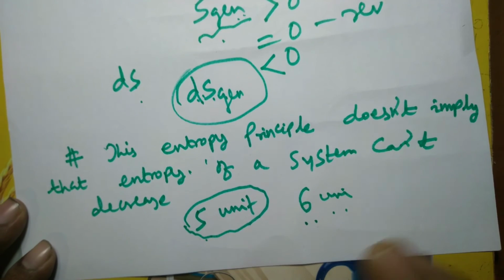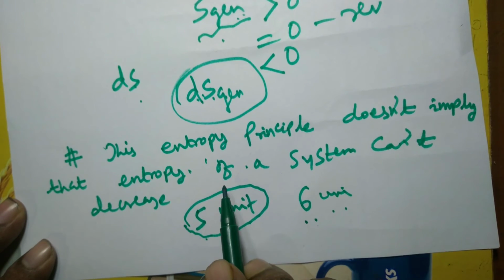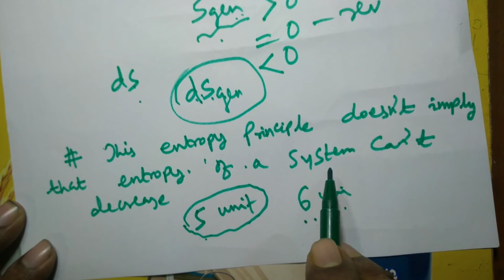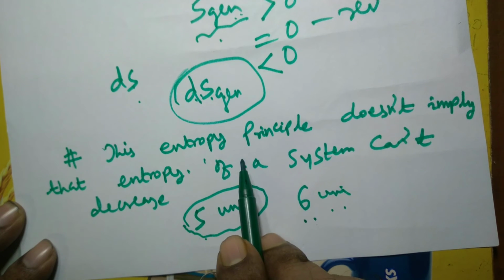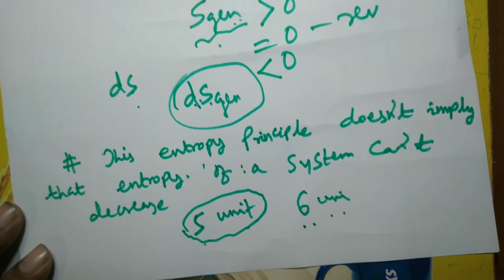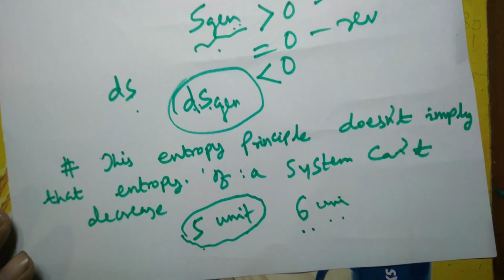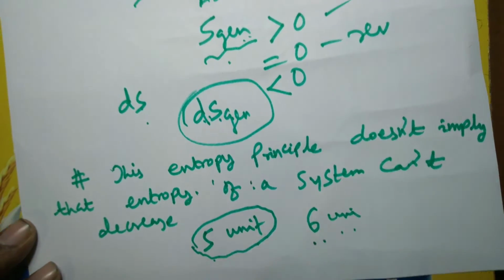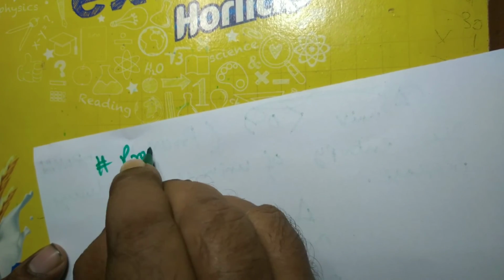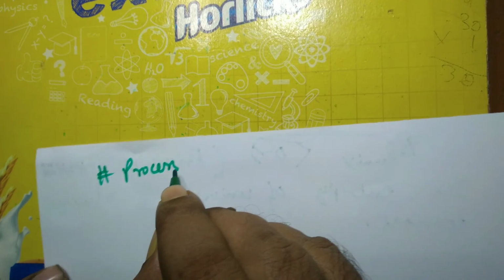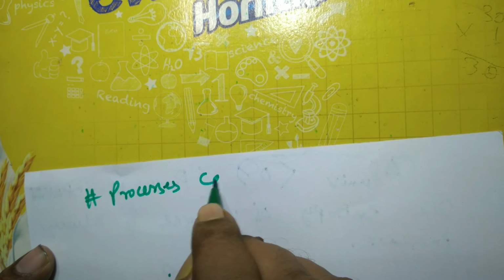So entropy of an individual system can decrease. There should not be any kind of confusion. That can increase, that can also decrease. So that is the principle of increase of entropy, one of the important facts. And another important thing is how processes occur. By applying this principle of entropy, we can determine the direction in which processes can occur.